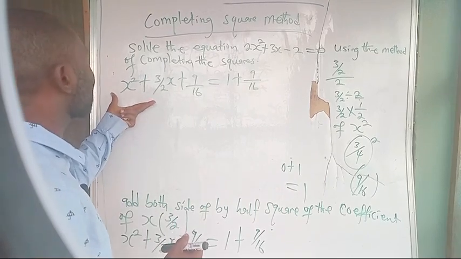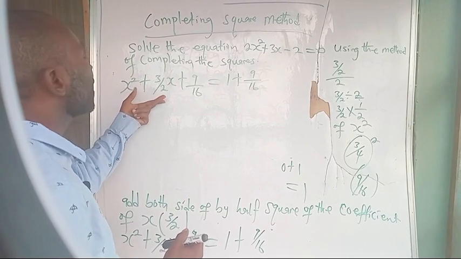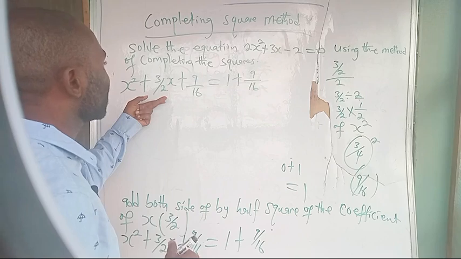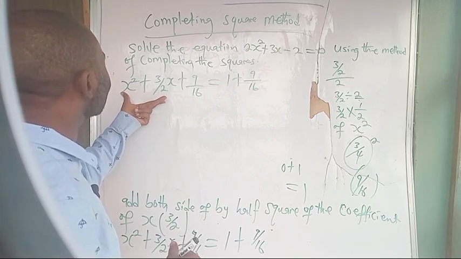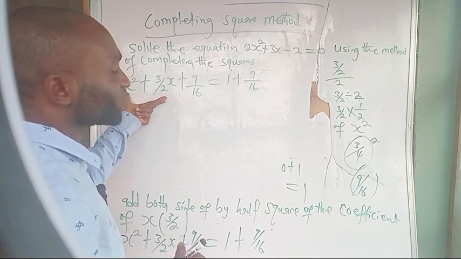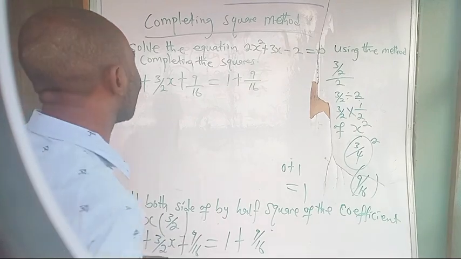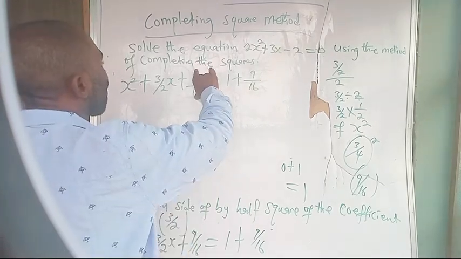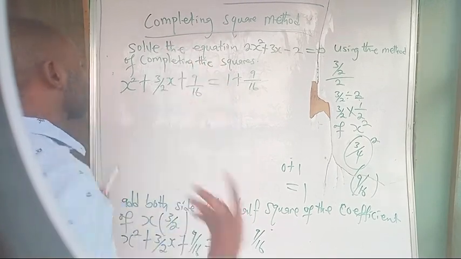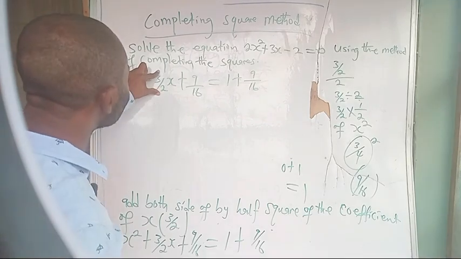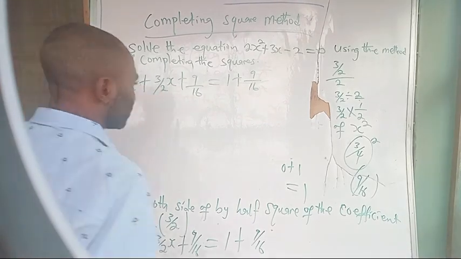left hand side, you discover that this has formed a perfect square expression. Since this formed the perfect square expression, as I explained before, take the square root of the first term and the last term, multiply it by 2, and it is going to give you the middle term. Let's check it out.